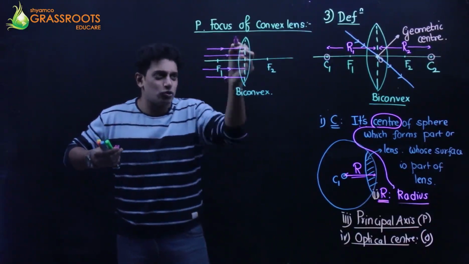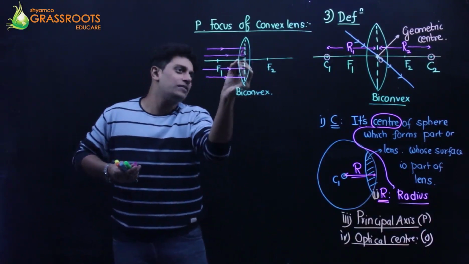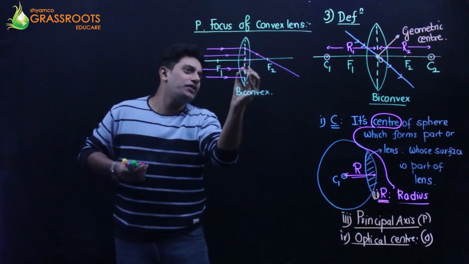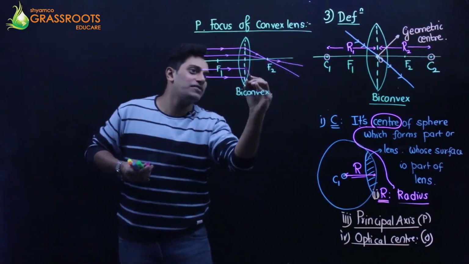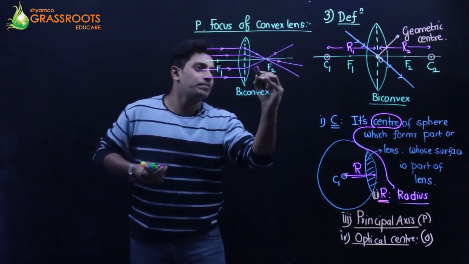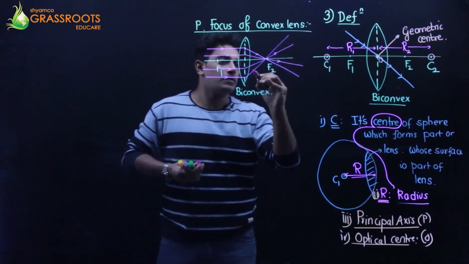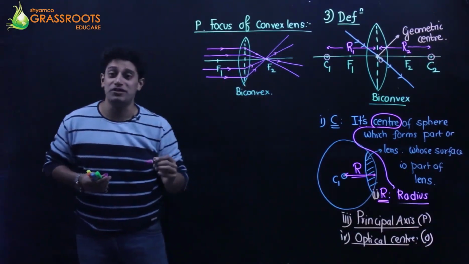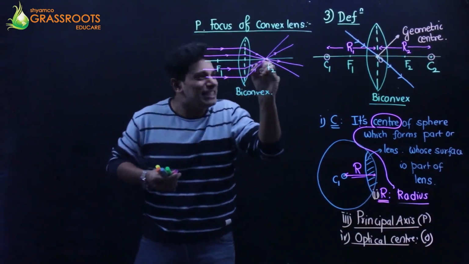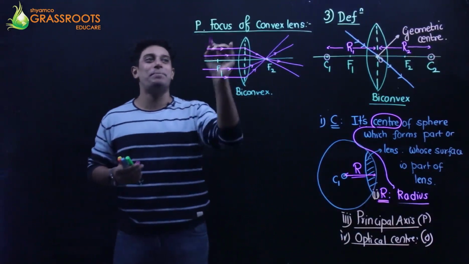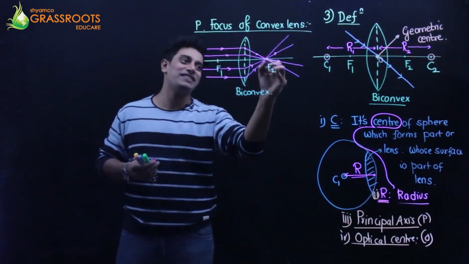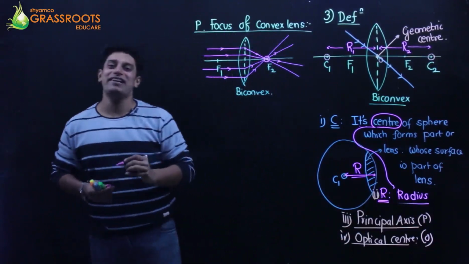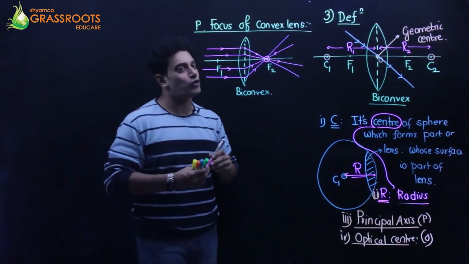After refraction through the convex lens, they meet at a point on the principal axis. So can I say they all meet at the same point on the principal axis, and that meeting point is called the principal focus of a convex lens. So ये point is called the principal focus of a convex lens.